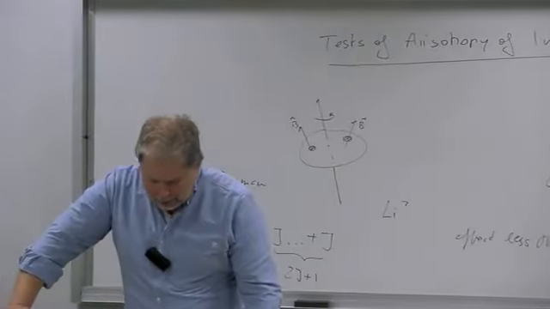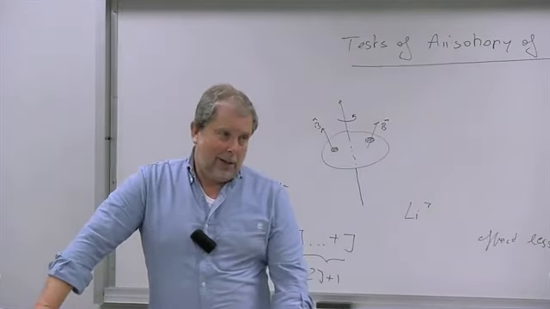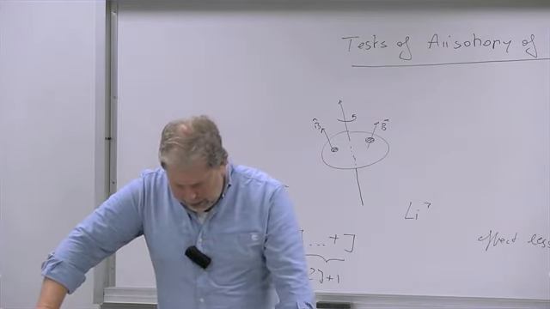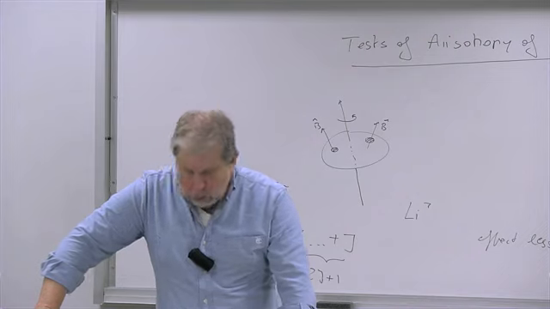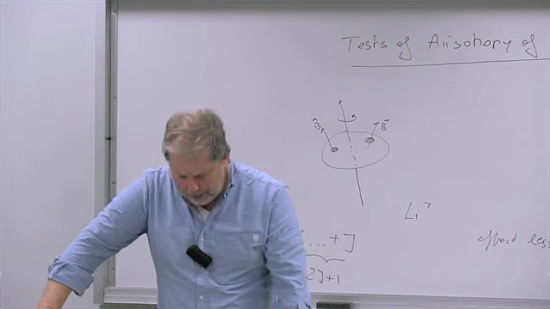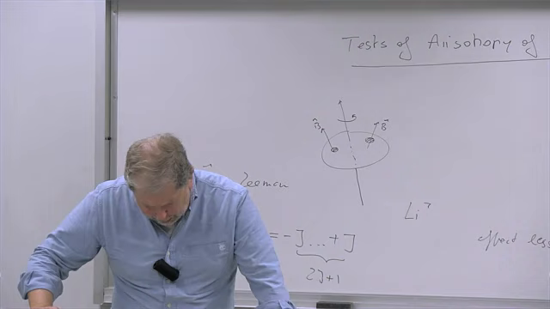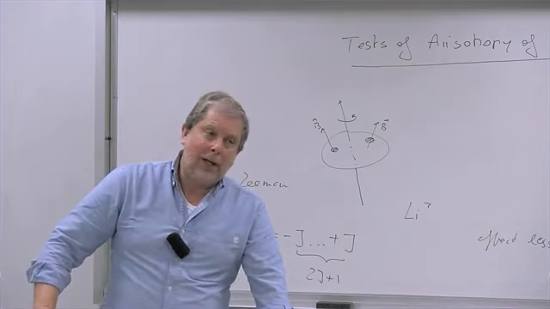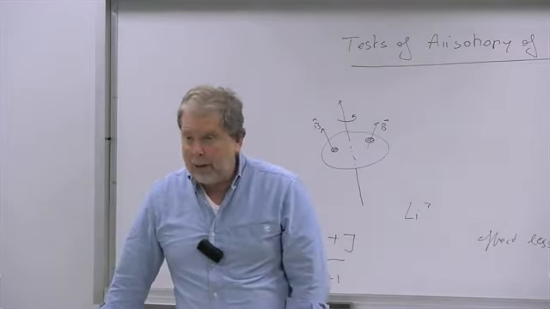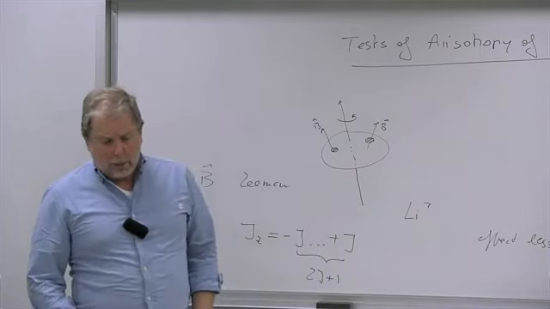Lately these kinds of experiments have been repeated, and again they're discussed in the Cliff Will review of a few weeks ago. The present accuracy is, depending on who you believe and whether you accept the systematics of the experiment, that anisotropy of inertia has not been detected at a level of 1 part in 10 to the minus 27, maybe 10 to the minus 29, maybe even a little bit beyond that. So no detectable anisotropy of inertia at this point.